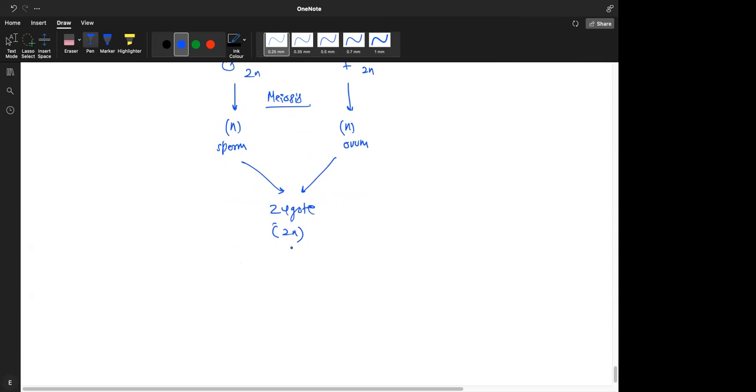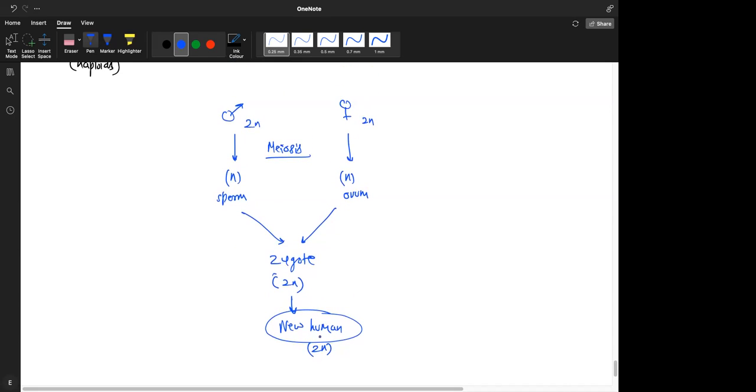And then this zygote becomes a new human, right? Which is again 2n. Yes or no? Then this new human will again be either a male or a female, and will again make sperms. So after generations, we can conserve our ploidy. Do you understand? Our parents are diploid, and we are also diploid. Our grandparents were also diploid.